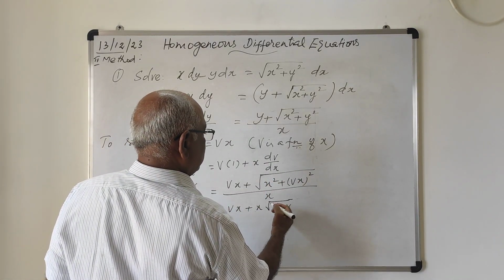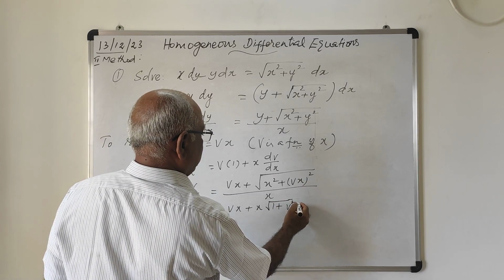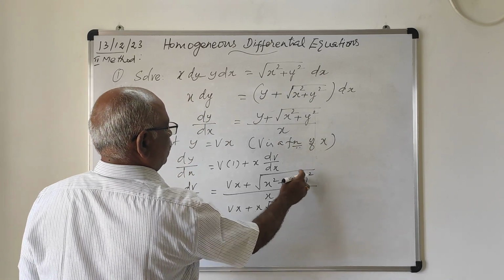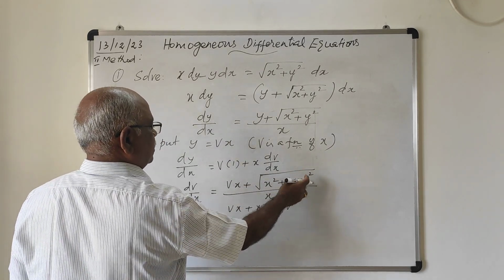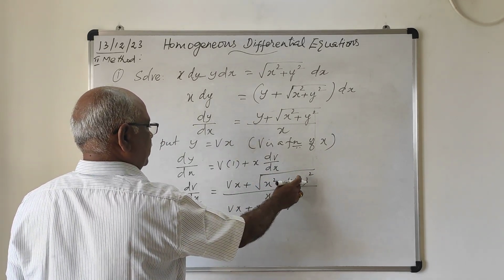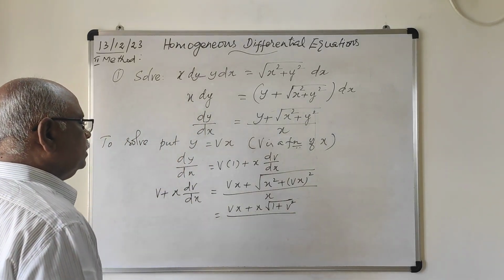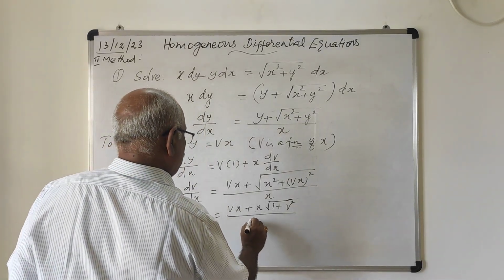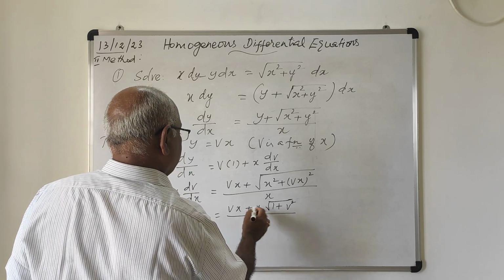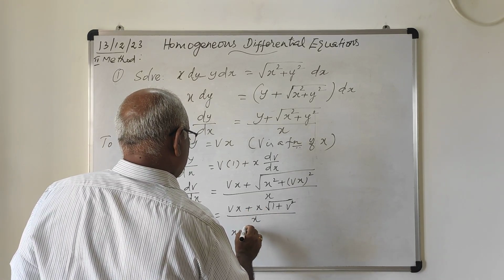Because v square x square is taken out, you will get 1 plus v square by x. Now in the numerator you can take x as a common term.